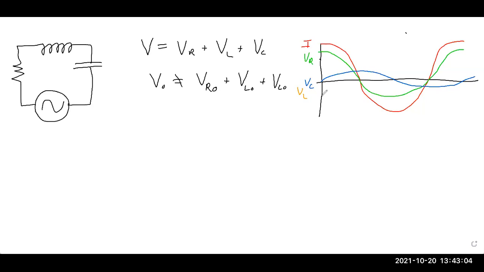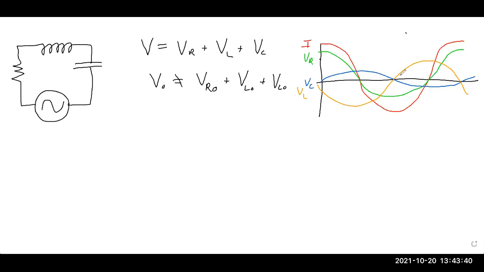So the current lags the voltage. So using a voltmeter across each of those three elements, you could find this voltage over time relationship.